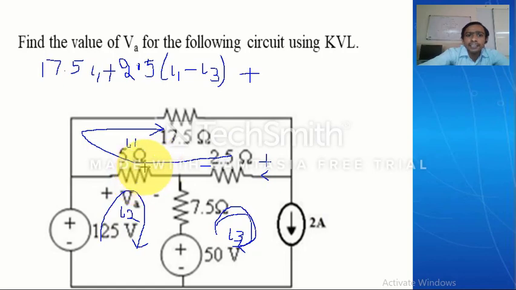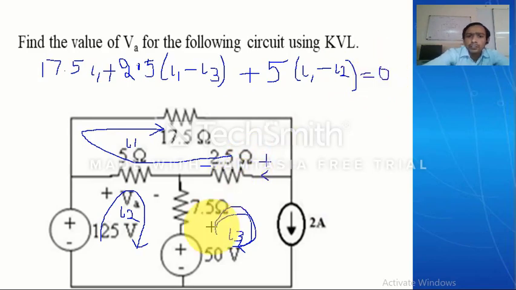So I can write the current in this 5 ohm resistor will be I1 minus I2. So I can write it as 5 times I1 minus I2. It is equal to 0.